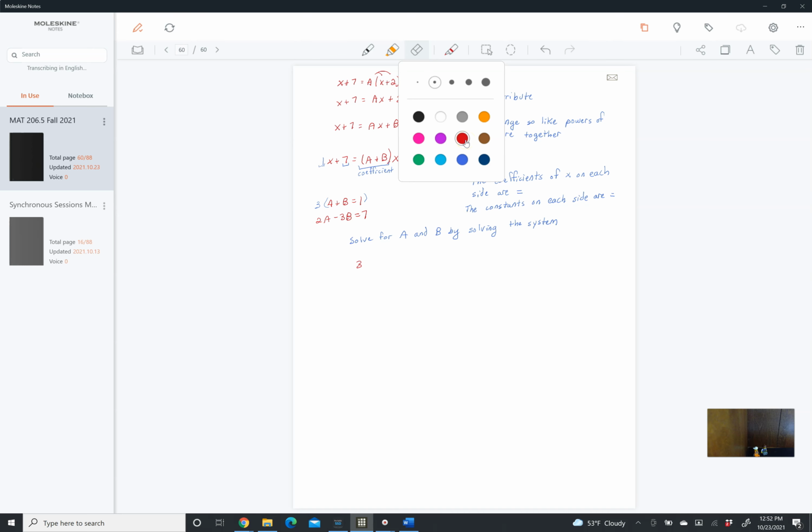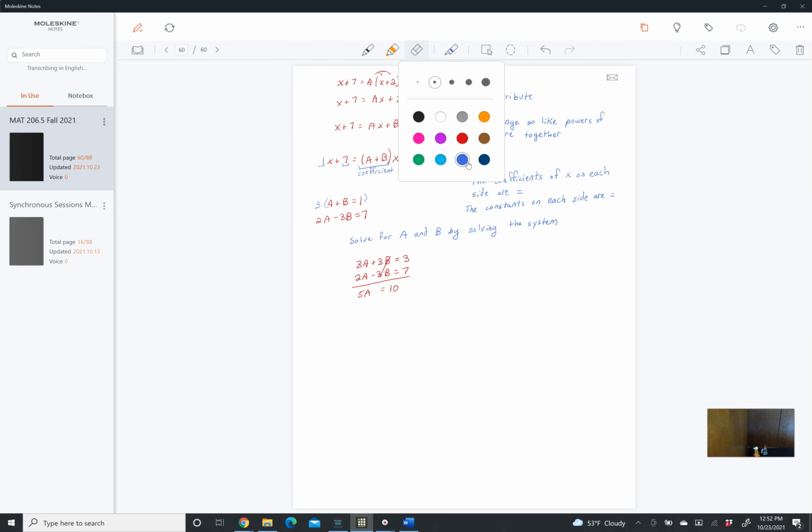We get 3a plus 3b is equal to 3. 2a minus 3b is equal to 7. Those cancel. We get 5. I just want to make sure I didn't make a mistake. No, I didn't. We get that 5a is equal to 10.